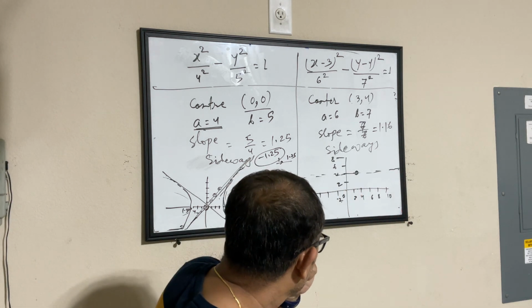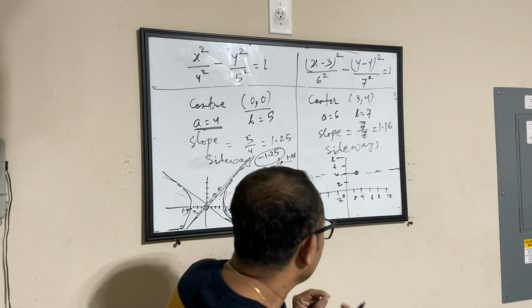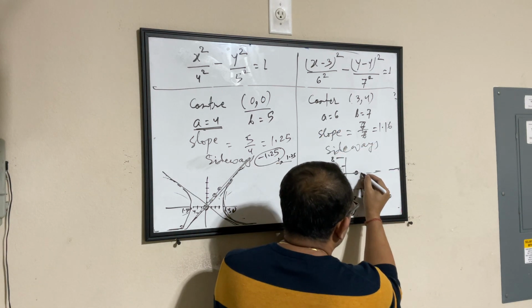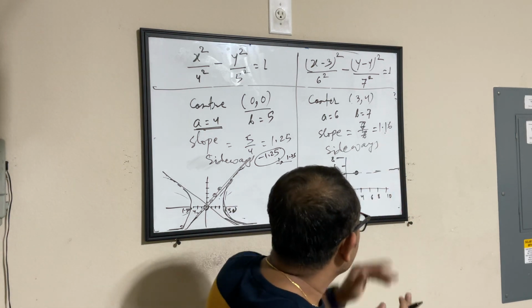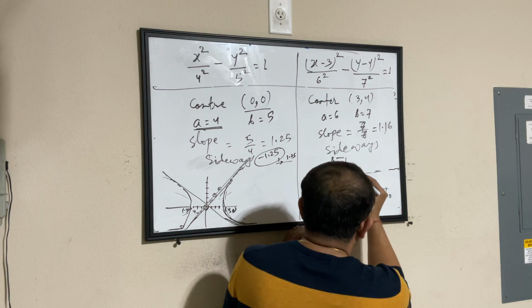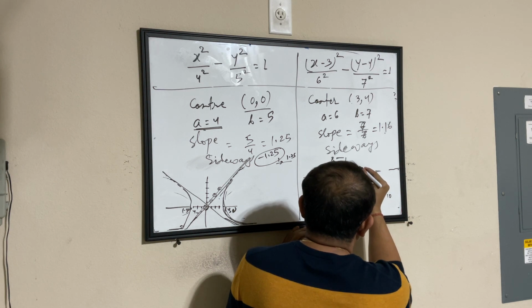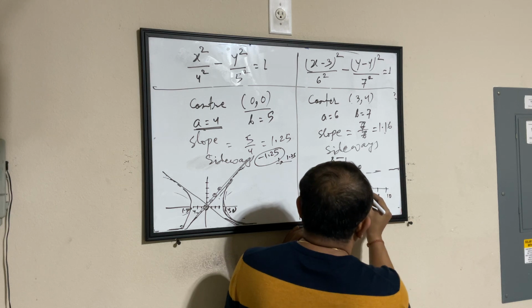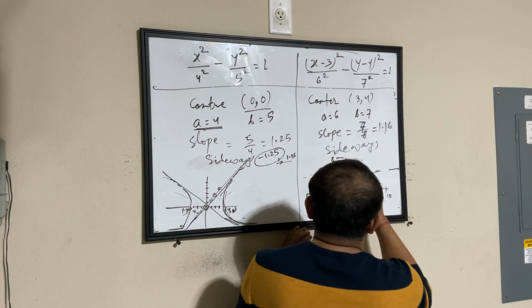Now, what is my slope? Slope is 1.16, meaning for every one increase of x, my y is increasing by 1.16. So if x goes from 3 to 4, y goes from 4 to 5.6 maybe. When x goes from 4 to 5, it goes somewhere here.